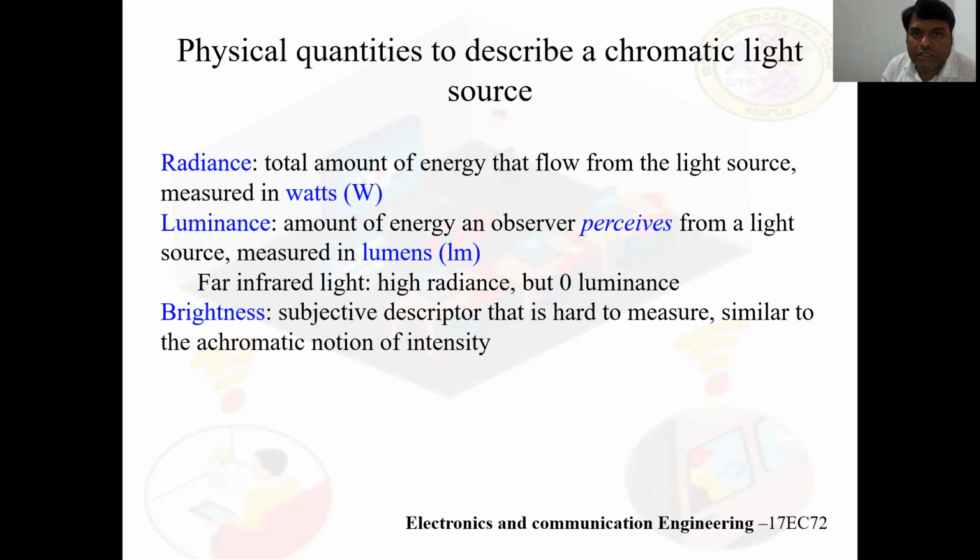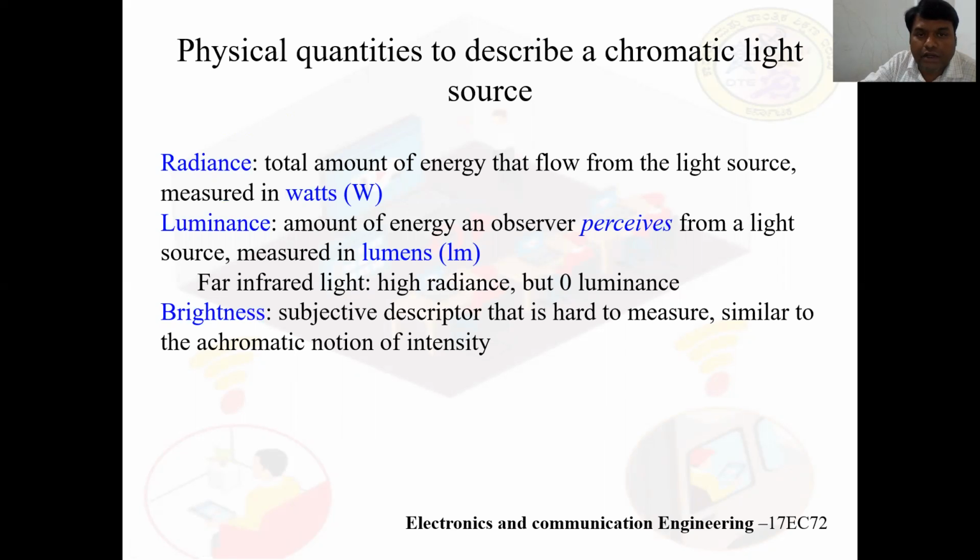So, physical quantities to describe a chromatic light source. Radiance: the total amount of energy that flows from the light source, measured in watts.